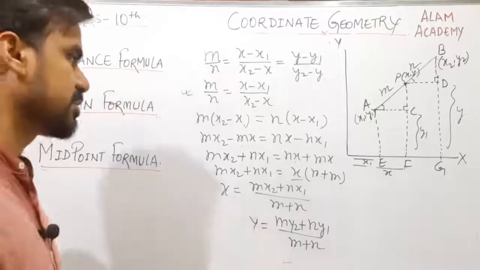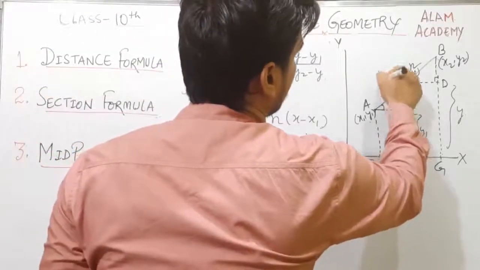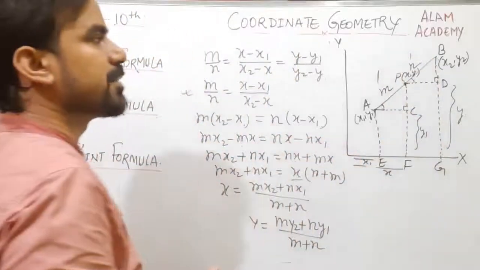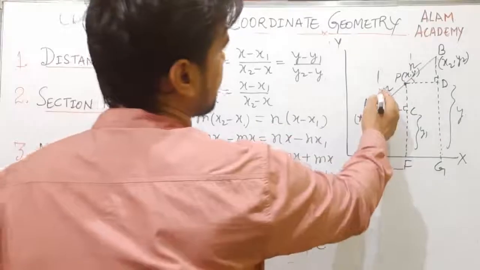If m and n are equal to 1 and 1, it means P is the midpoint. If P is the midpoint, then the ratio AP by PB will be equal.